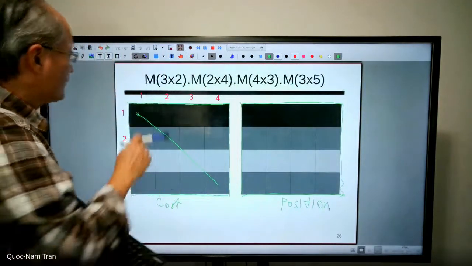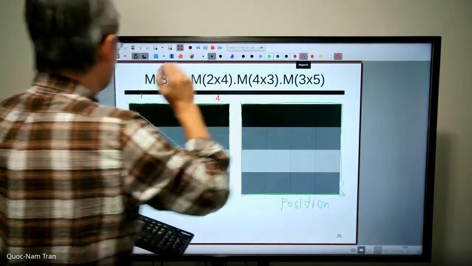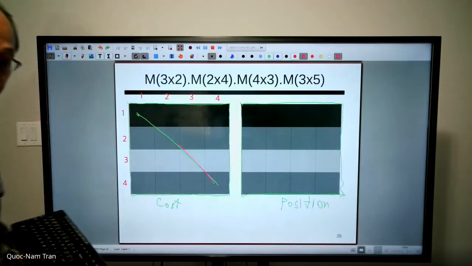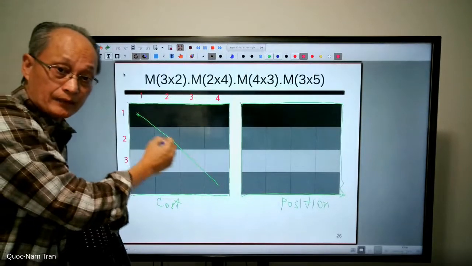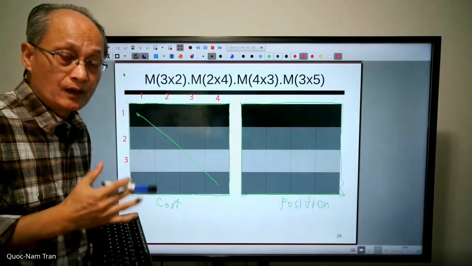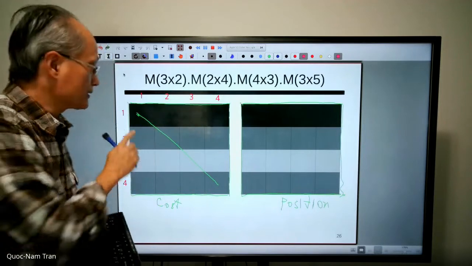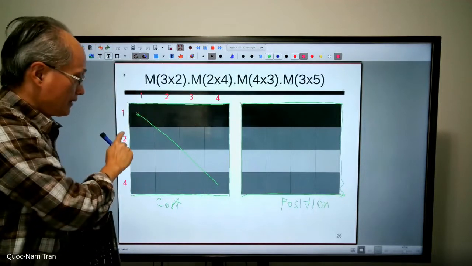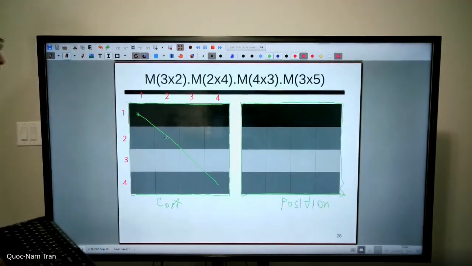Now, first, let's take the first diagonal. The first diagonal will tell me the minimum cost for multiplying the sequence from 1 to 1, and then 2 to 2.